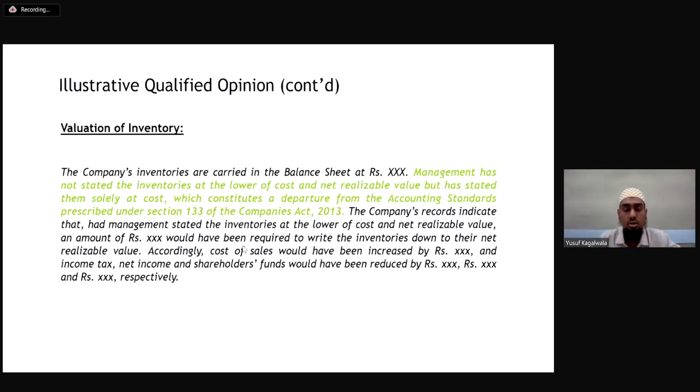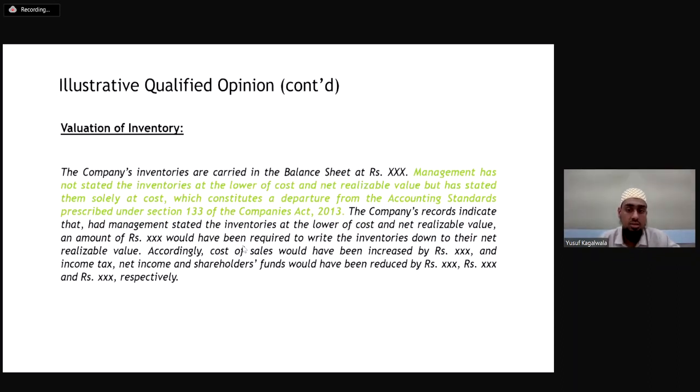Now, in this case, one more thing which needs to be considered is here. There will be scenarios where, in case of qualified opinions, management will not give a note in the financial statements. Unlike an emphasis of matter, where the proper note in the financial statements is already given, in case of qualifications it may be our observation, and management, of course, will not give a negative point in the financial statements. So when we highlight this in the qualified opinion, reference to a note to the financial statements will not come.